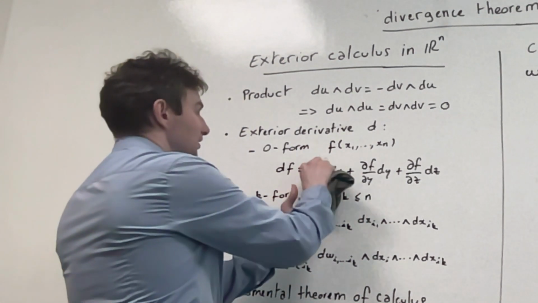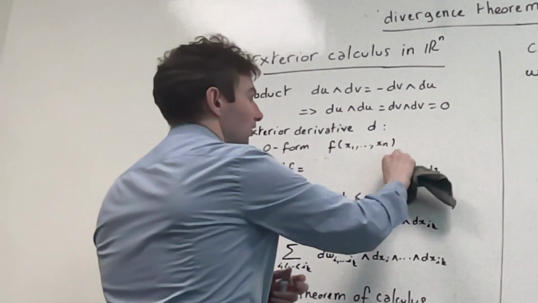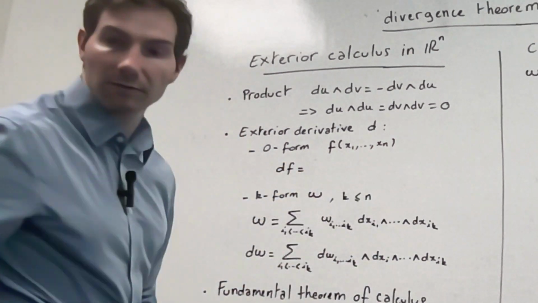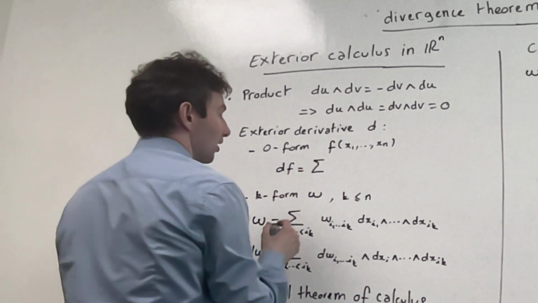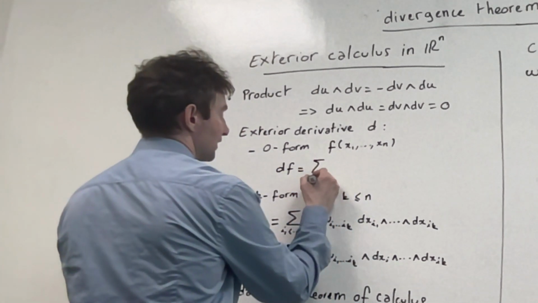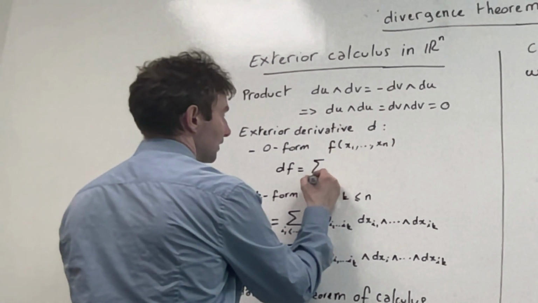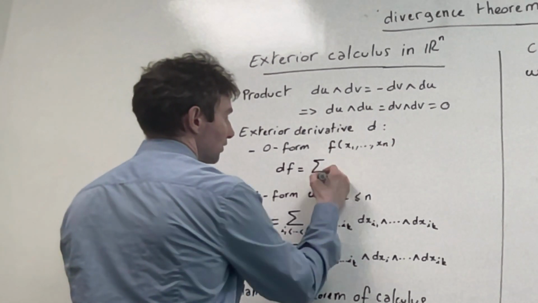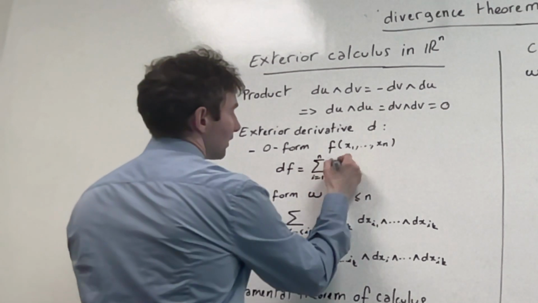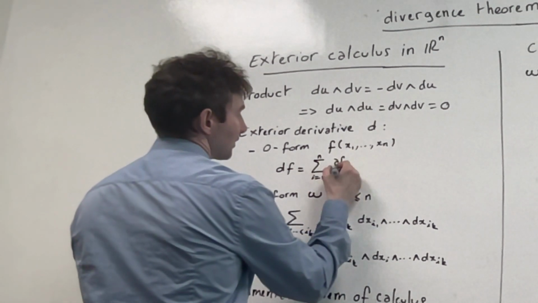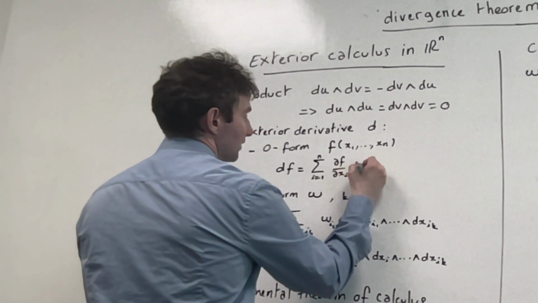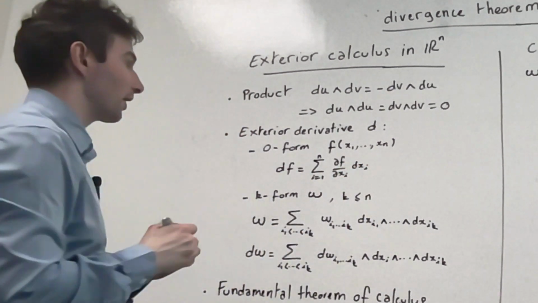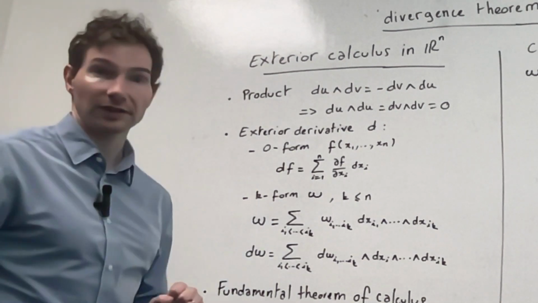But you can write that in a more general form as the sum over i ranging from 1 to n of df dxi dxi. That's another way to look at it.